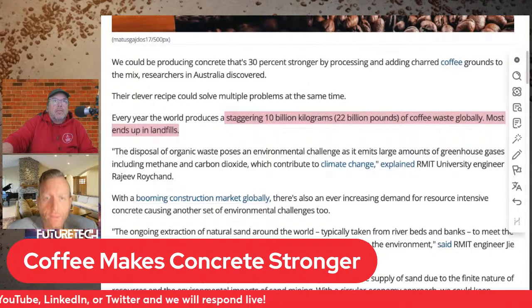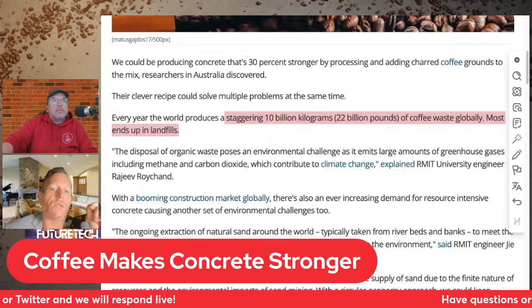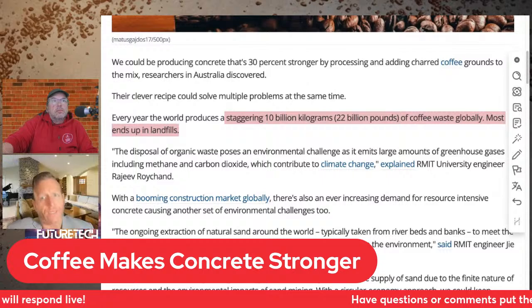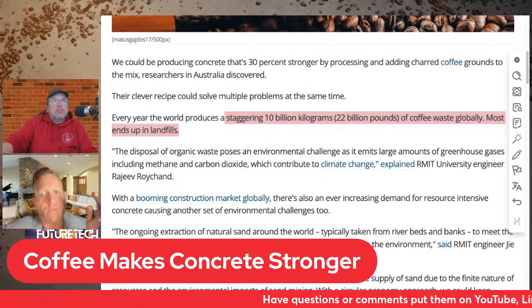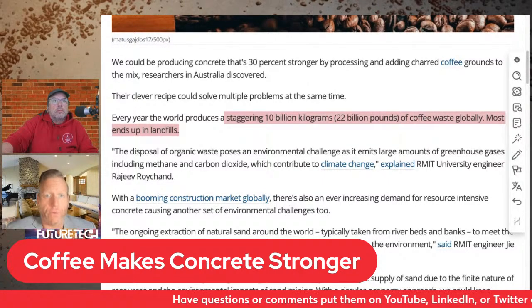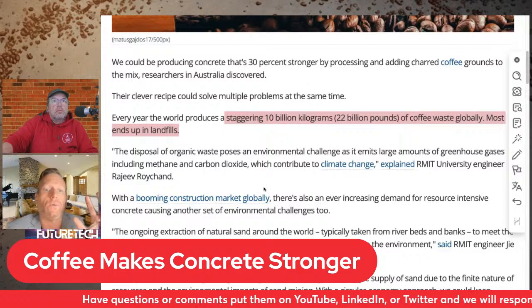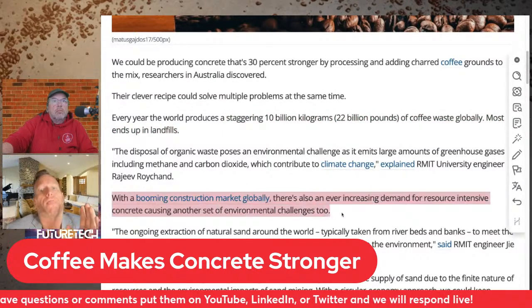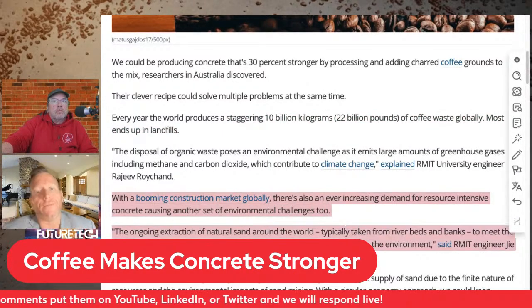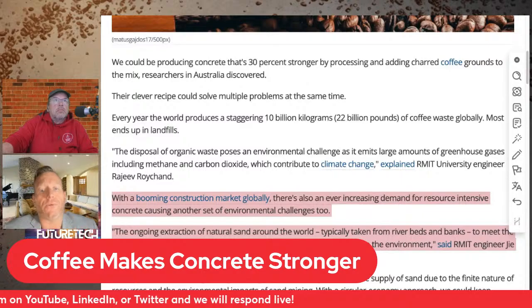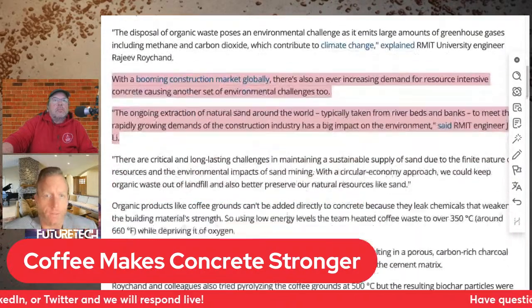So the other thing is concrete production is also very resource intensive. It relies heavily on sand mining, which damages river ecosystems. So researchers pyrolyzed used coffee grounds at 350 degrees Celsius to produce porous biochar particles.